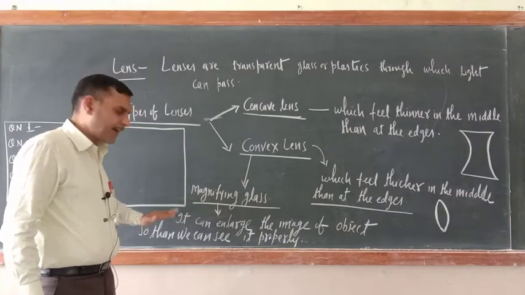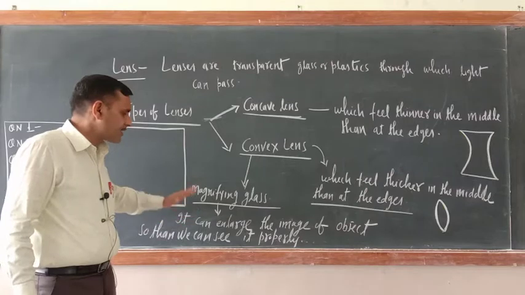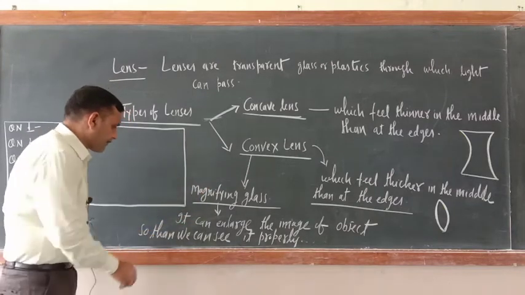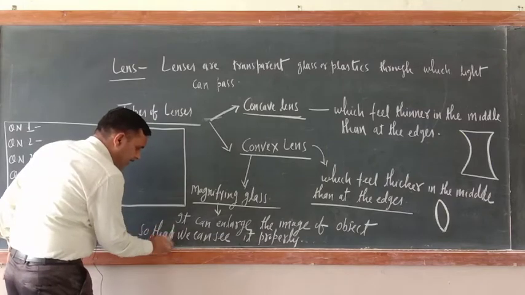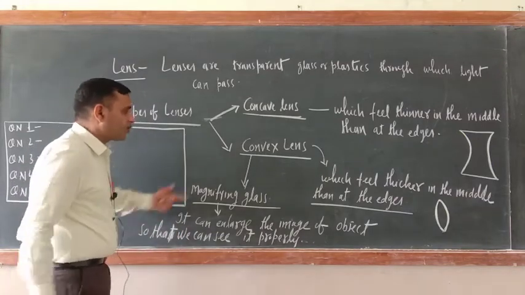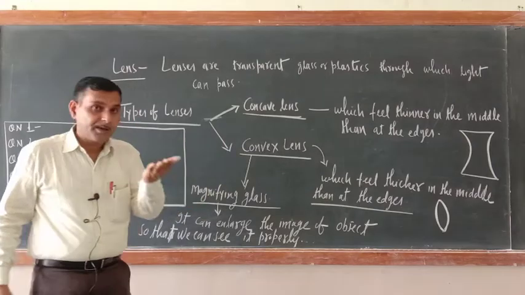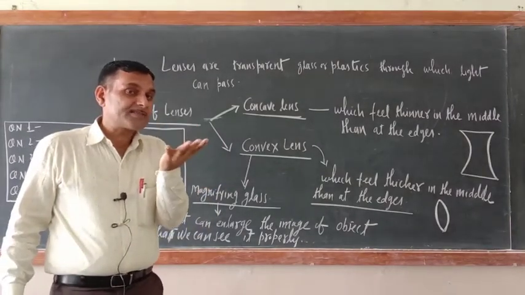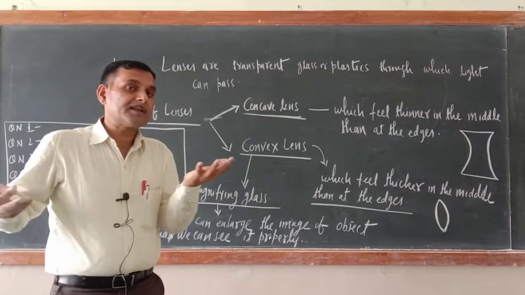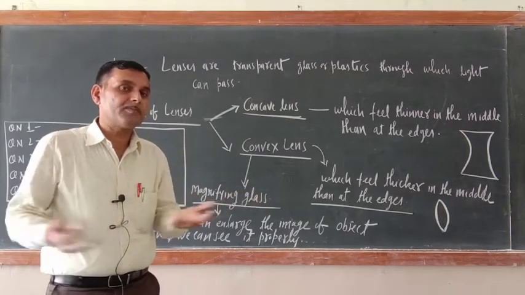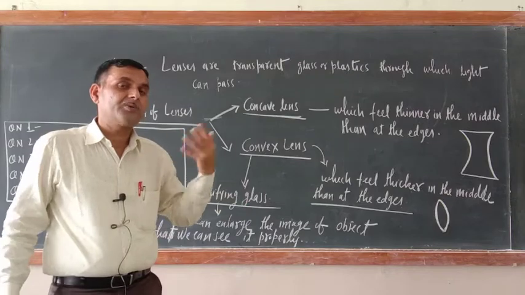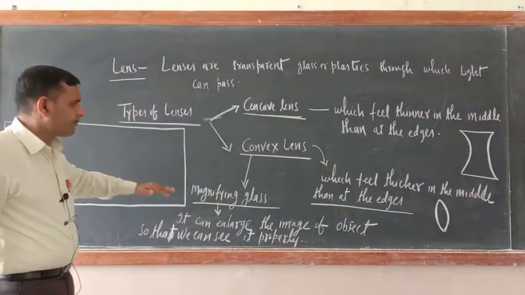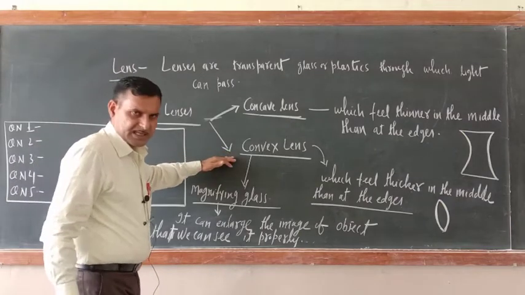It is known as magnifying glass because it can enlarge the image of an object so that we can see it properly. If you put it on the pages of a book, the image of the letters will be enlarged, and you can read it properly. So these are some other names of convex lens.